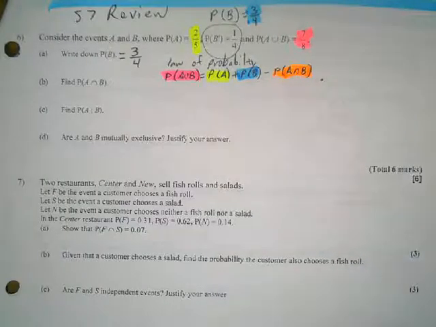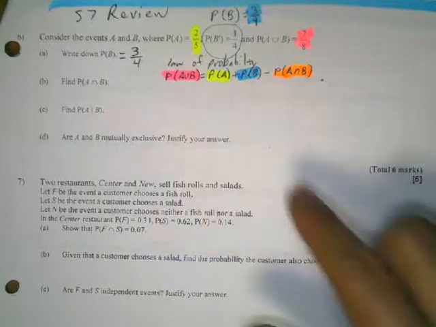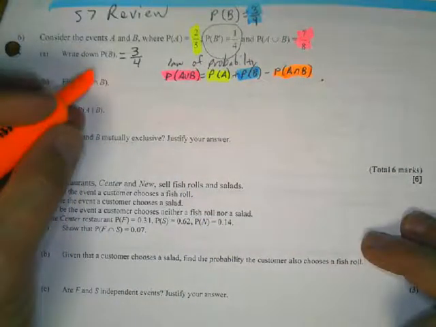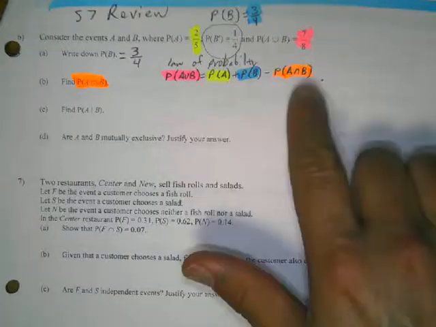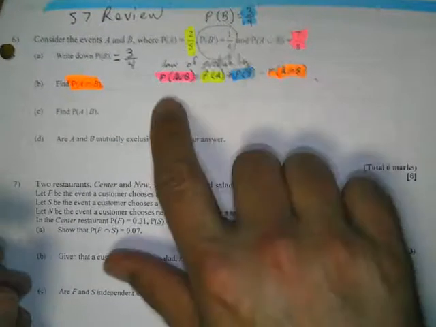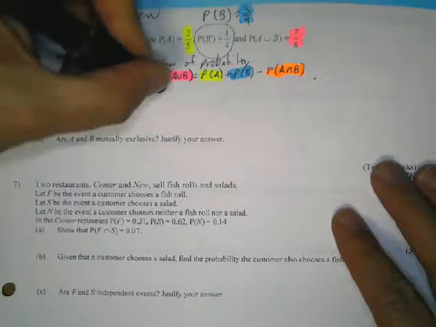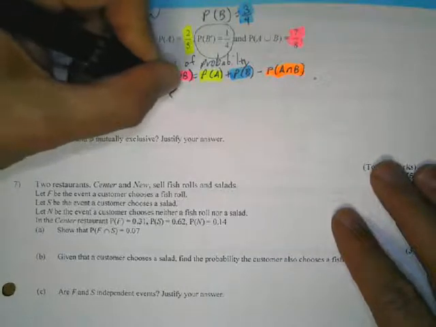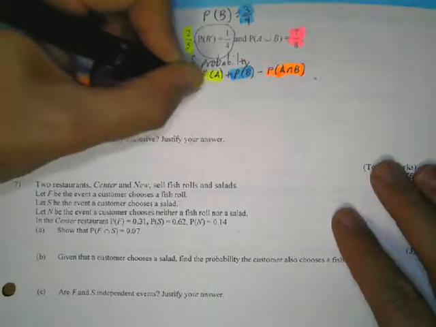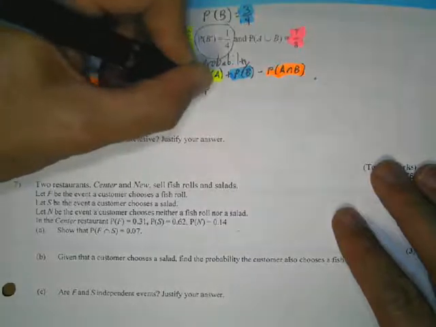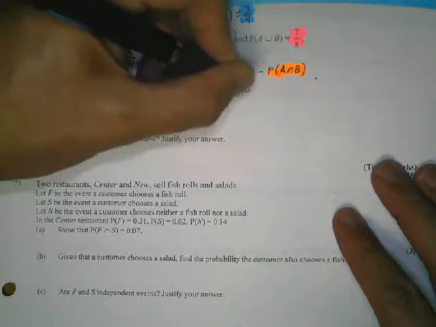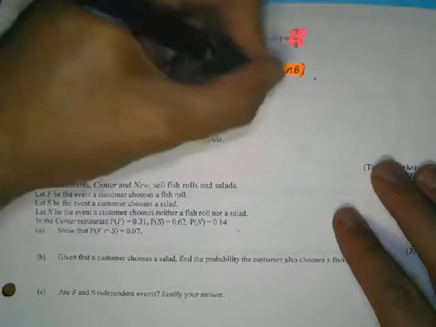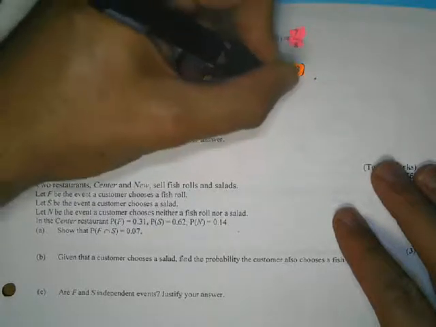So we're trying to solve for orange. If we rearrange this, we can add the orange on both sides and subtract the pink on both sides, and then we get the probability of A intersection B equals the probability of A plus the probability of B minus the probability of A union B.